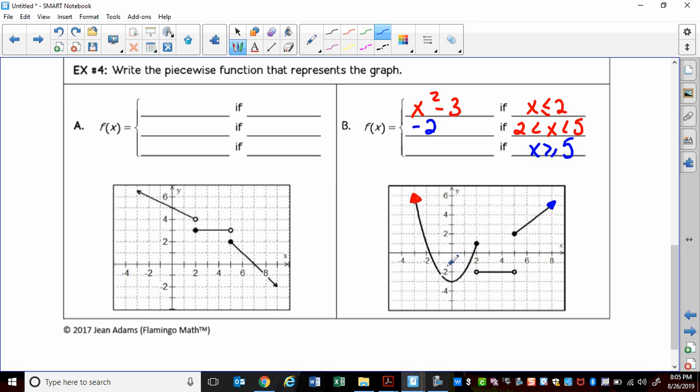We can actually find the y-intercept if we keep going, and I think the slope is up 1 over 1, so it'll just be x. And I think if I keep going, the y-intercept is negative 3. Check it out and make sure. And this one only works if x is greater than 5.